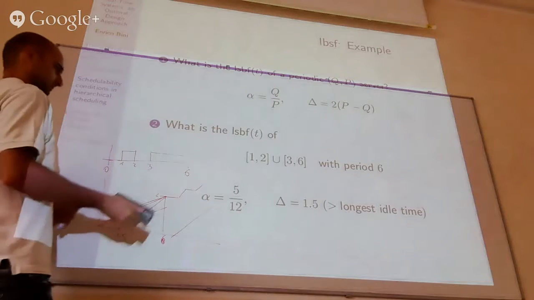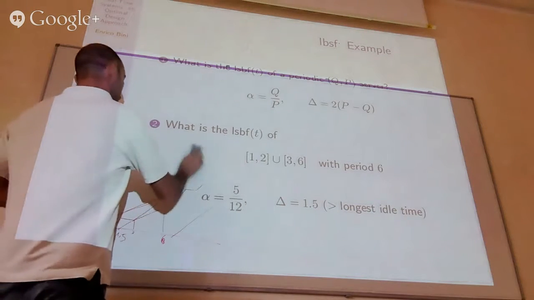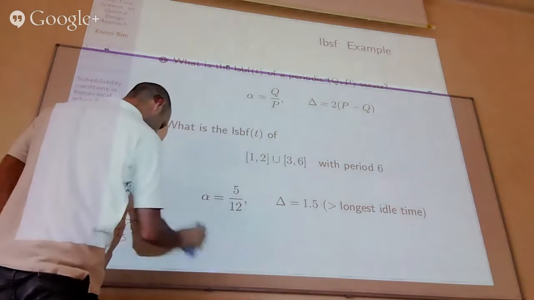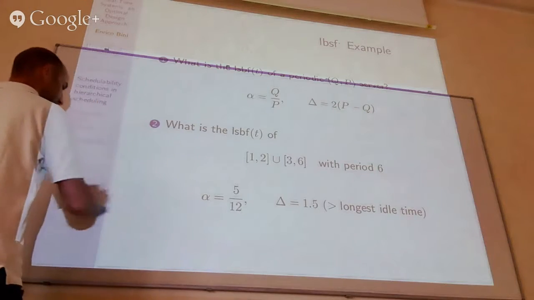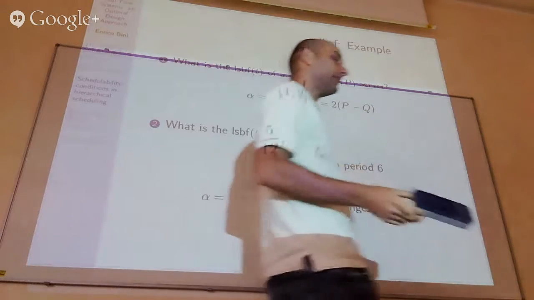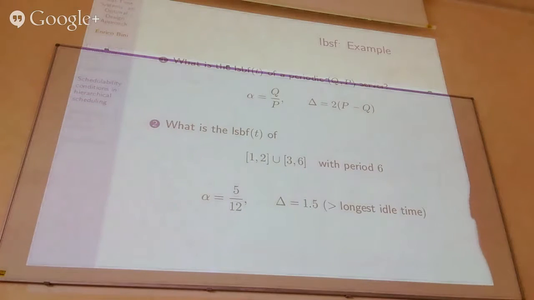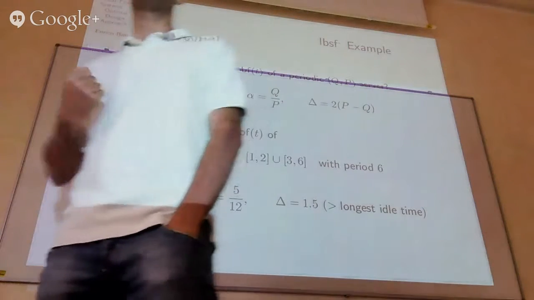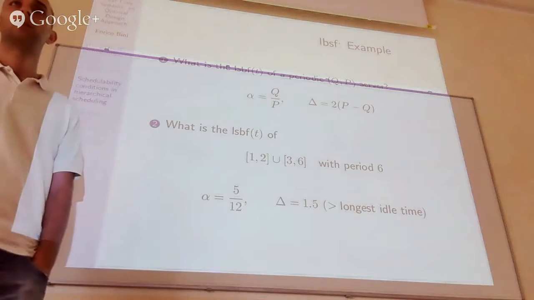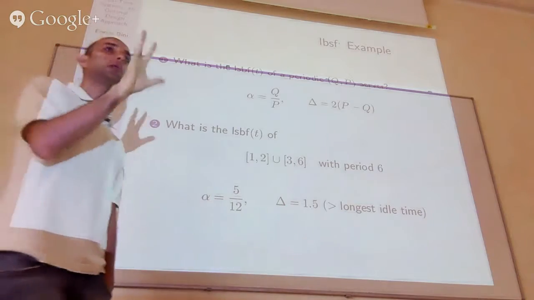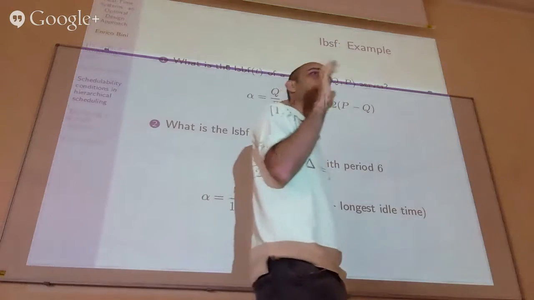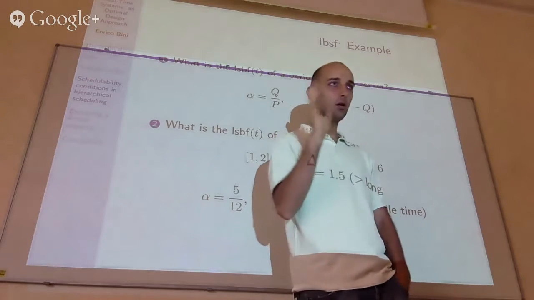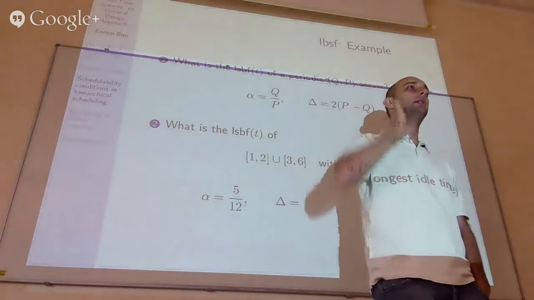But what is the physical interpretation of delta? The physical interpretation of delta is not as straightforward as the bandwidth alpha, but it is somehow a sort of delay with which you receive the bandwidth alpha. Let's compare two servers with the same bandwidth alpha, let's say 1/2, and delay 0 and a big delay.